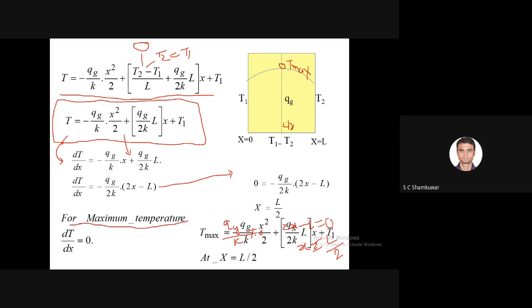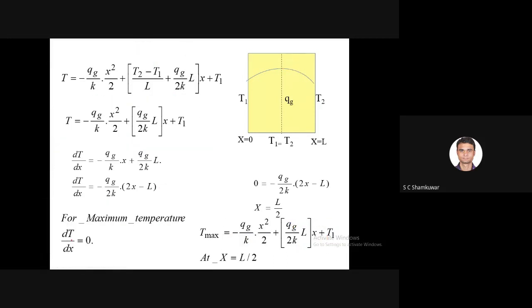Understood? So this is T max, same; just replace x by L by 2 and we will get T max. Now understood?